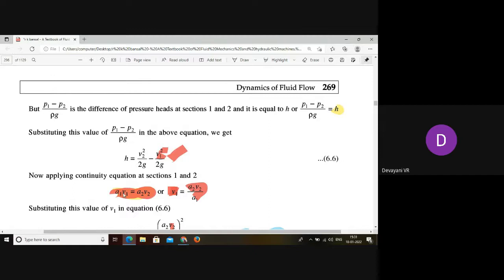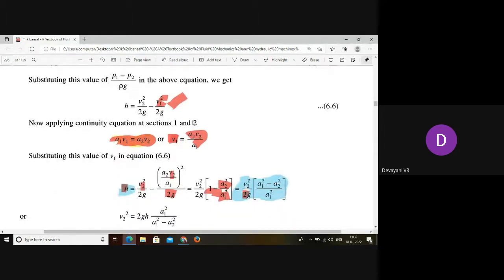Now let's take the continuity equation. So what is the continuity equation? A1 v1 equals to A2 v2. And from this, v1 will be equals to a2 into v2 by a1. So let's substitute the velocity at section 1 in the pressure head difference equation.